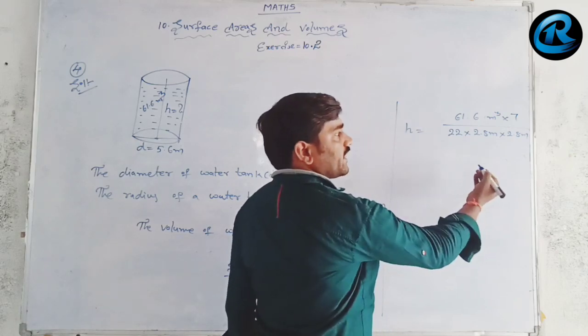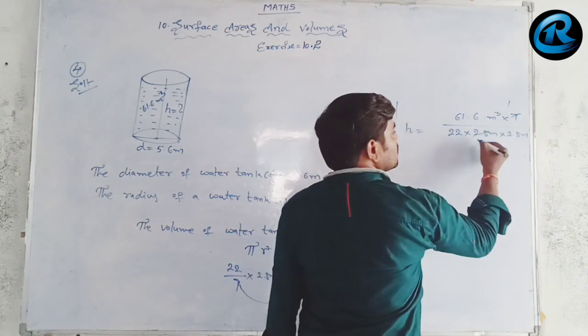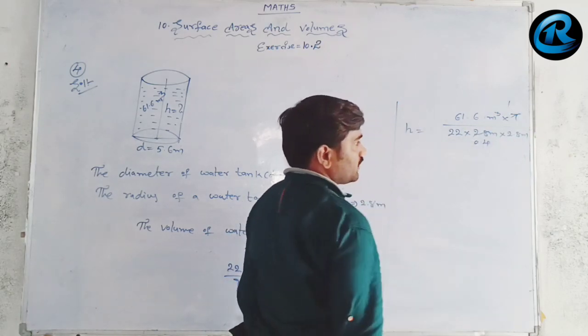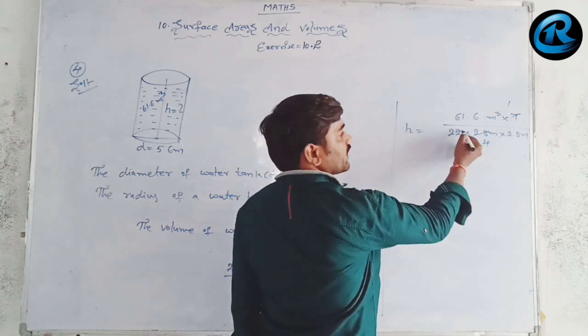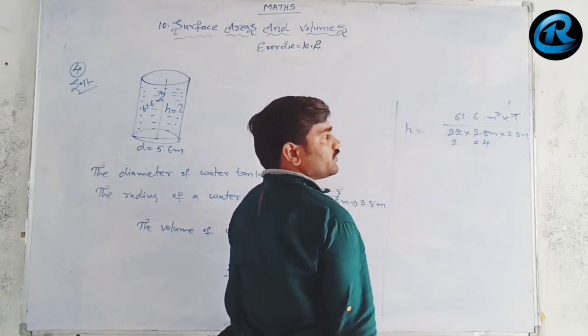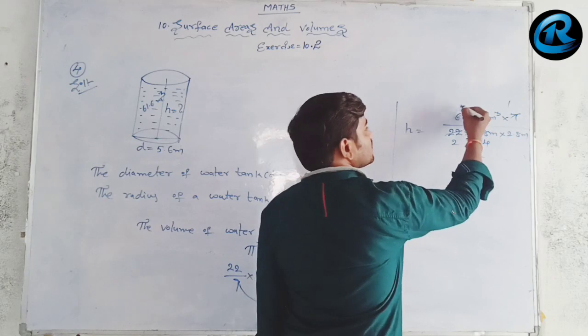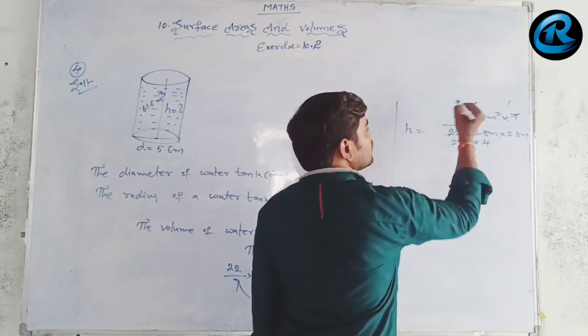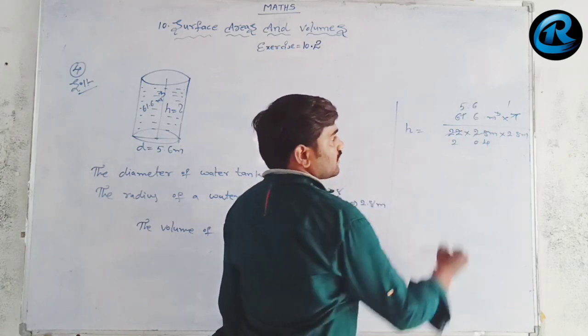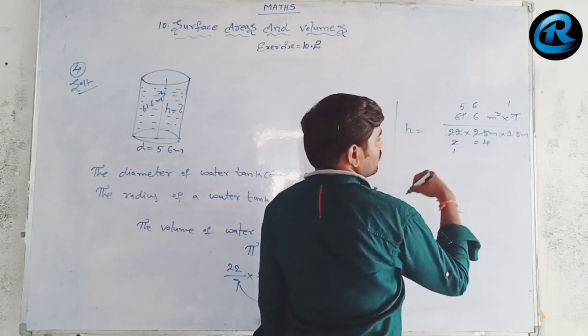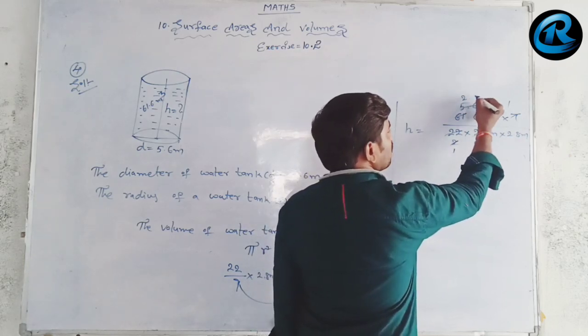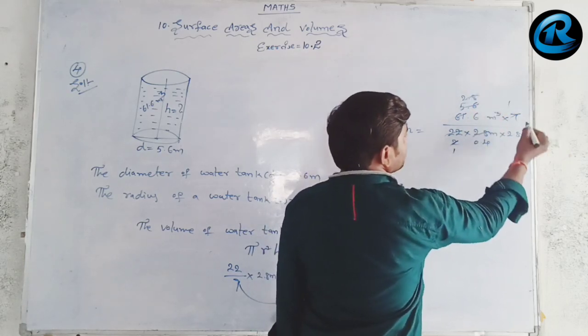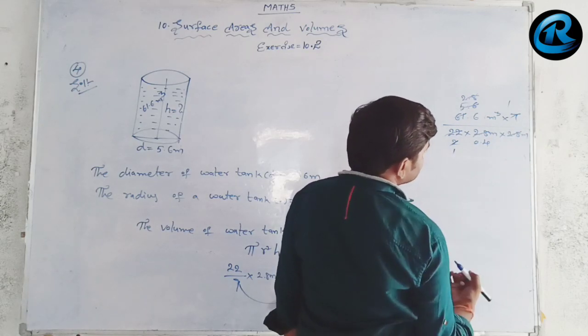Here easily we can cancel it. 7 ones are 7, 0.4s are. And in the 11 table we can cancel. 11 2s are 22, 11 5s are 55, 6 left, 11 6s are 66. And here 2 ones are 2, 2 2s are 4, 2 8s are. And 2.8 and 2.8 we can cancel.